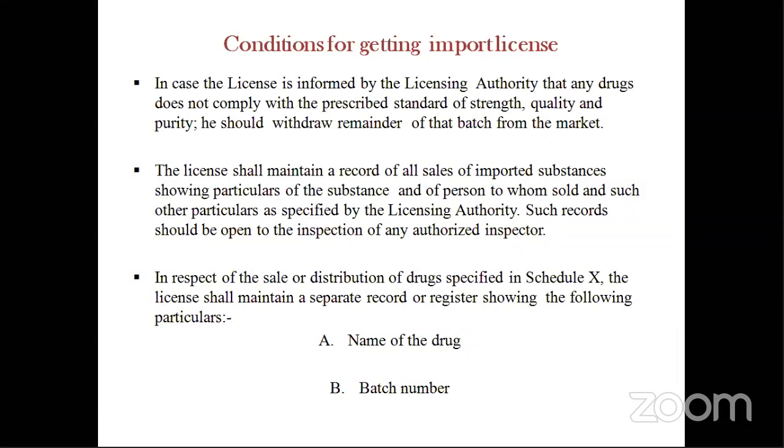After the record, the importer records you have prepared should be cross verified by the licensing authority or as specified in the particulars of the licensing authority. Such records should be confidential for you. Okay.